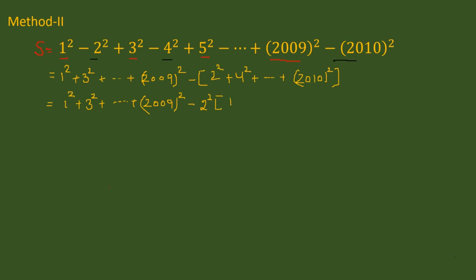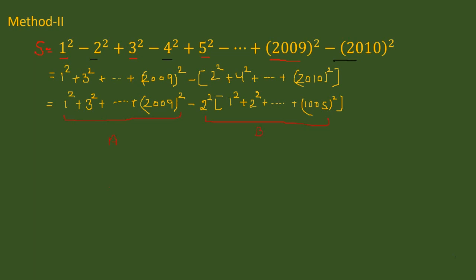So it will be 1 square plus 2 square up to 1005 whole square. Now call the first portion A and call this quantity B.